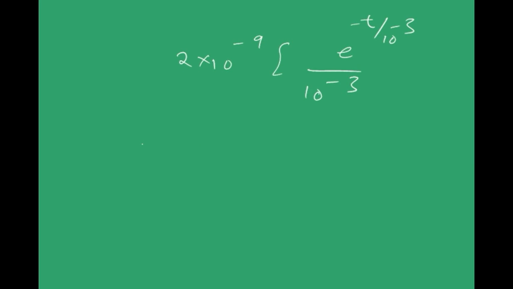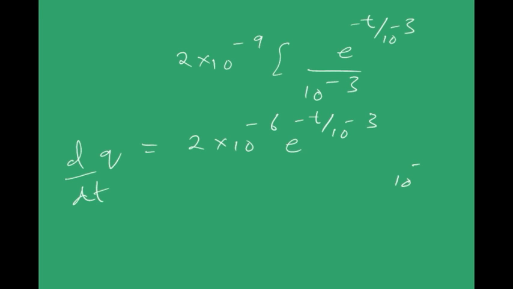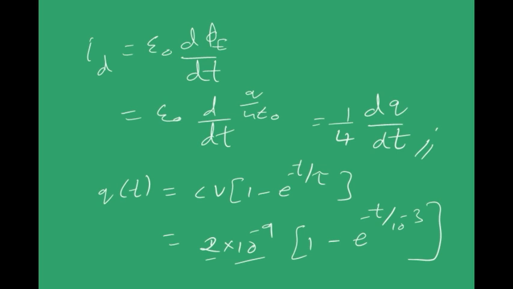So finally I'm going to get dq by dt as 2 into 10 power minus 6 into e power minus t by 10 power minus 3. It is just a normal differentiation. At the given instant, that is t equal to 10 power minus 3 seconds, it will be equal to 2 into 10 power minus 6 into e power minus 1. Got it? And this value I'm going to substitute in this equation for dq by dt.